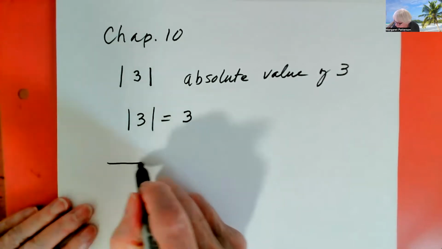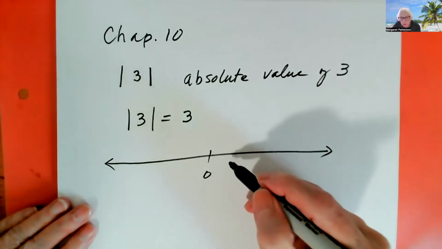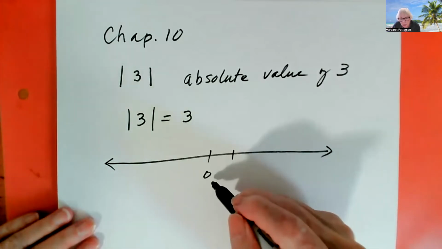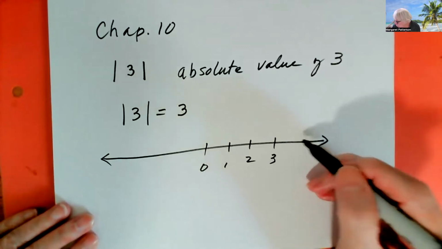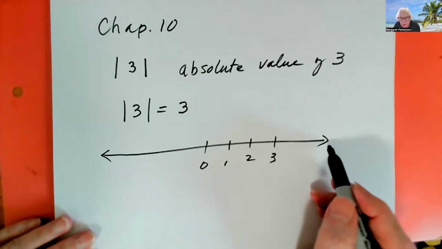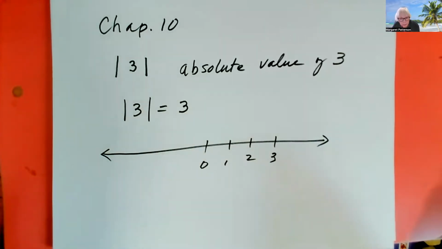Now let's look at the number line and see what else we can see. You start with 0 and you go to 1, 2, 3, and so on. Notice there's an arrow saying that this could go as high as you like.